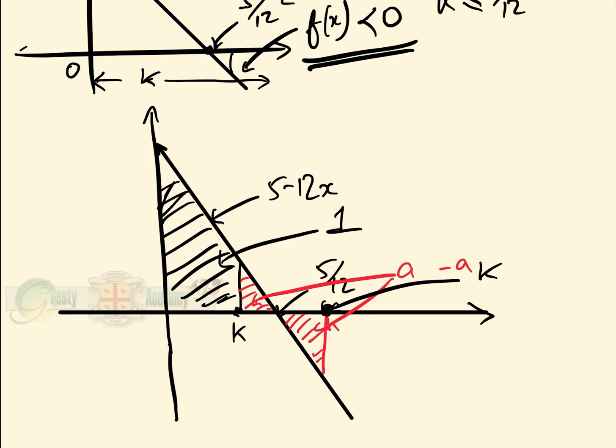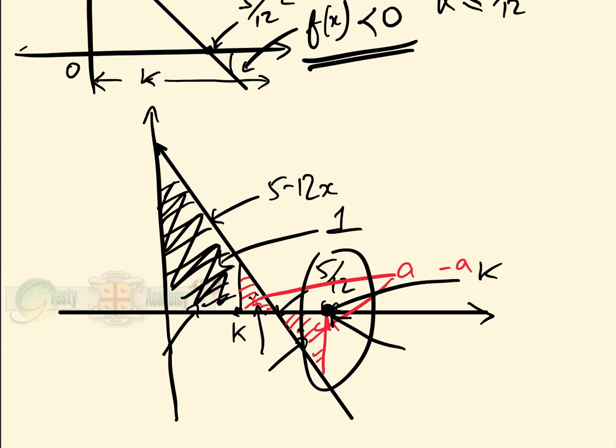It's 1 here, but it's also 1 here, because it's that, which is 1, add that, which is whatever it is, take away that, which is congruent to that, and it's going to give 1. So we're going to get two answers, and we have to discard the answer which is greater than 5/12, because that would give us a probability density function which is less than 0, which can't happen.